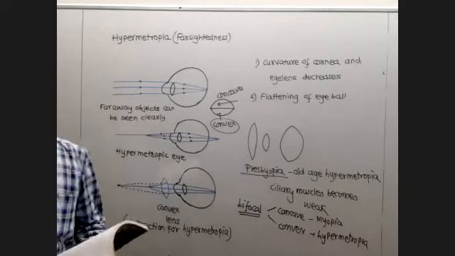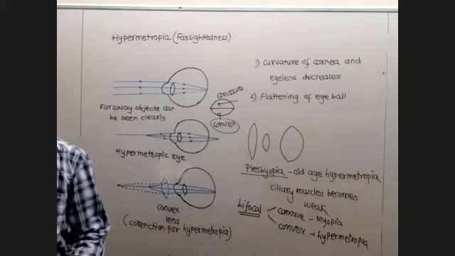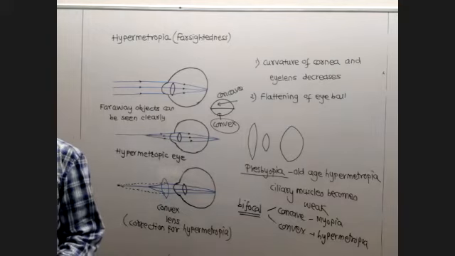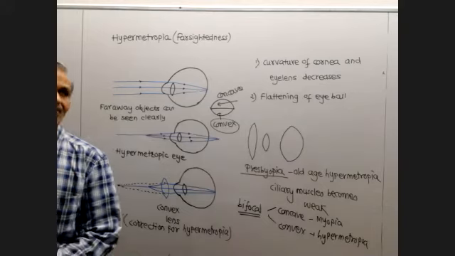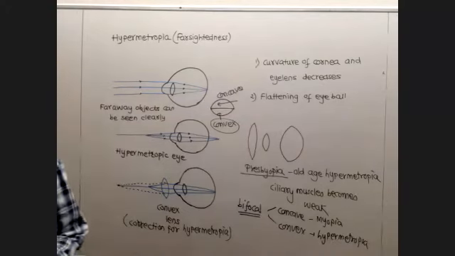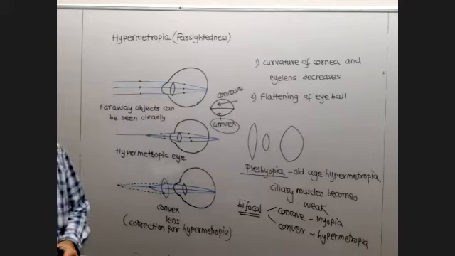Again, we'll write in points so that it will be easier for you to remember. First point, it is also known as old age hypermetropia.